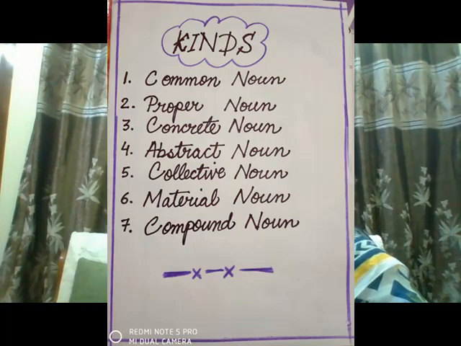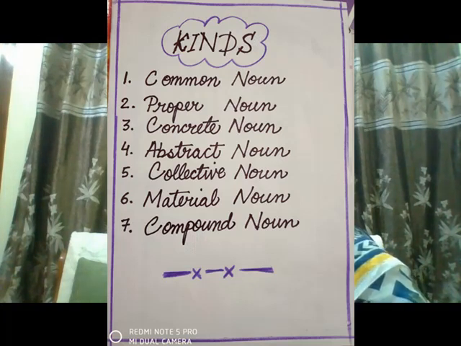Let us talk about the different 7 kinds of nouns. I have already told you that there are 7 different kinds which you are going to study in your class. They are common noun, proper noun, abstract noun, concrete noun, collective noun, material noun, and compound noun. Again listen to the names.